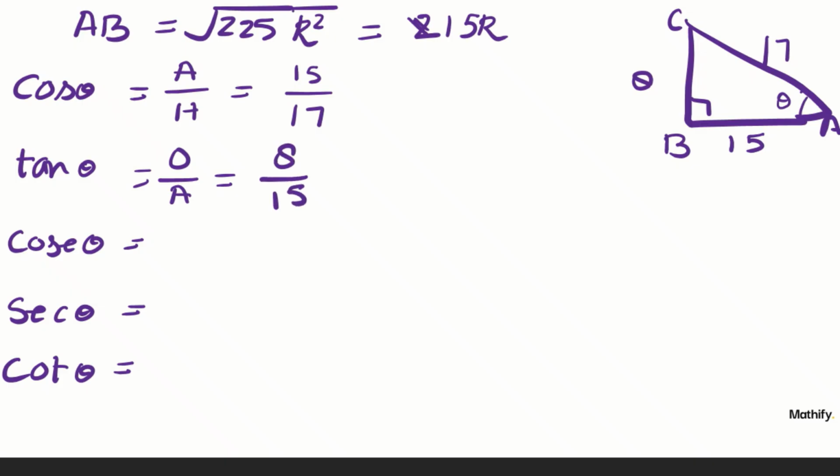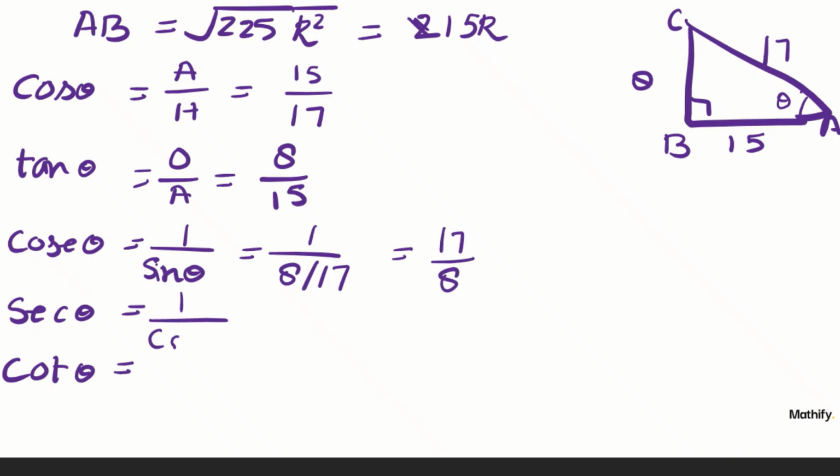Now cosec theta is just the reciprocal of sin theta. What is sin theta? Sin theta is given in the question. What is sin theta? 8 over 17. So cosec theta will become 17 over 8. And sec theta is just the reciprocal of cos theta.